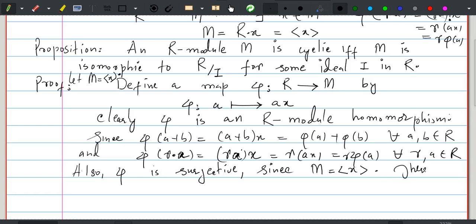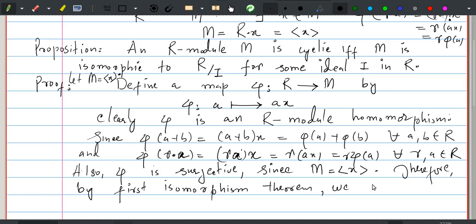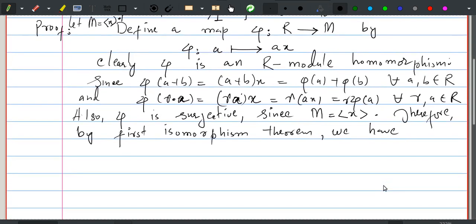Therefore, by the first isomorphism theorem, we have this homomorphic image, which is M, isomorphic to the quotient group of R, that is R mod its kernel.